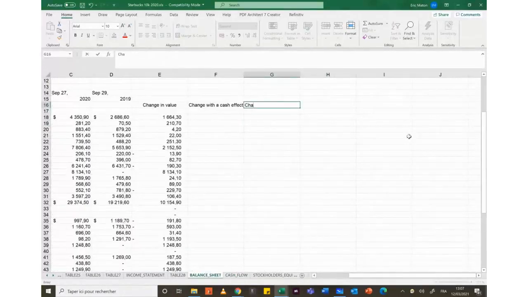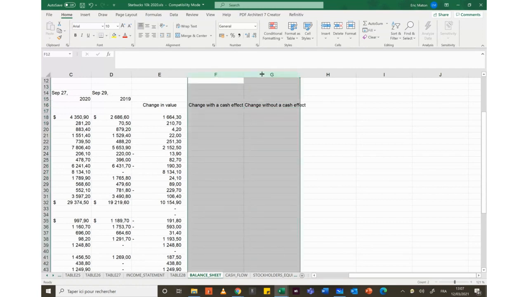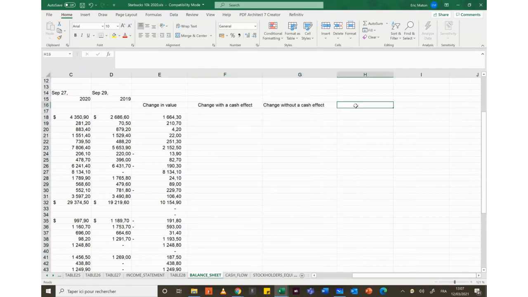So change without a cash effect by difference. And here, each time, you try to explain. Explanation of the difference.